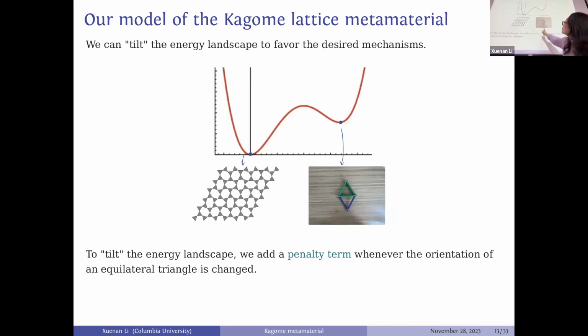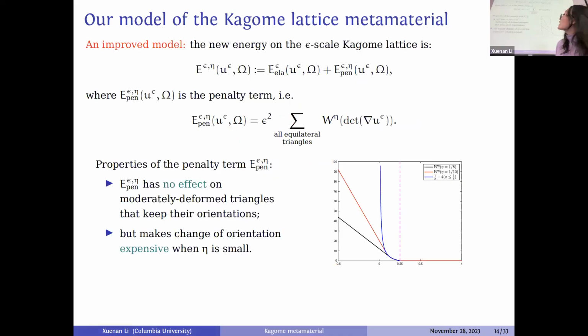Okay, so to avoid that, we tilt the energy with some penalty energy. That penalty energy depends on the determinant. Once your triangle is flipped, its local determinant is going to flip from positive to negative. So we want some penalty energy just on the determinant.